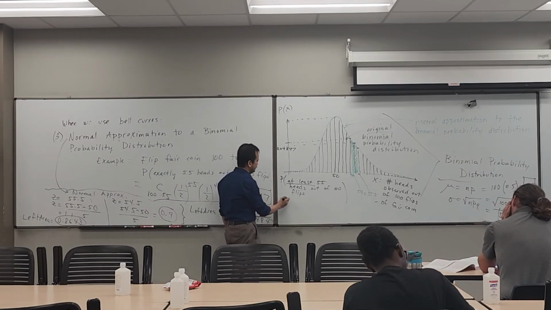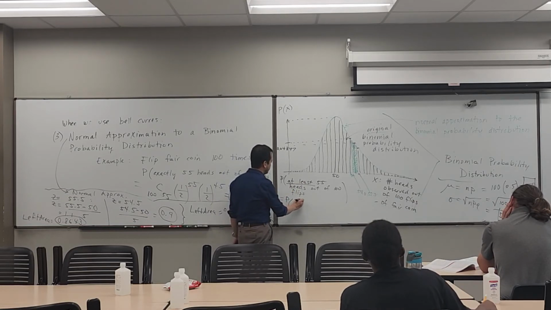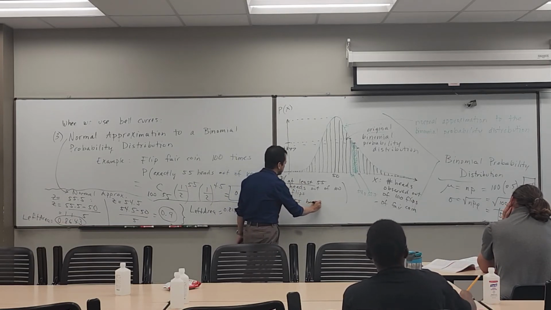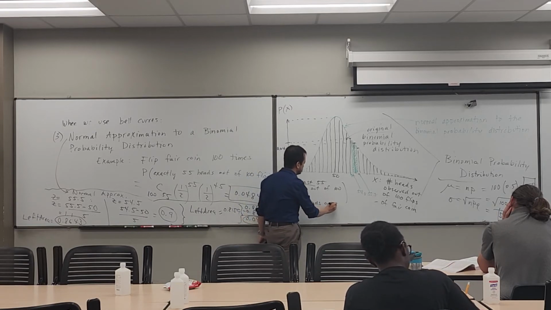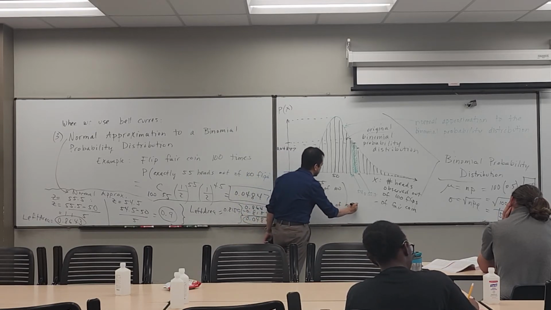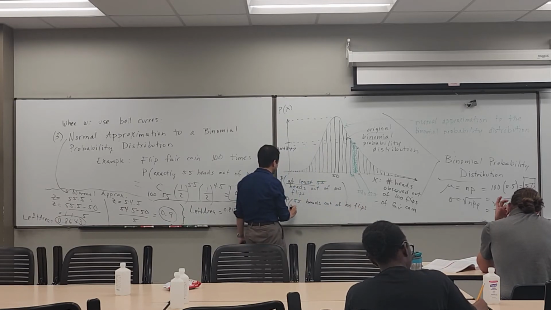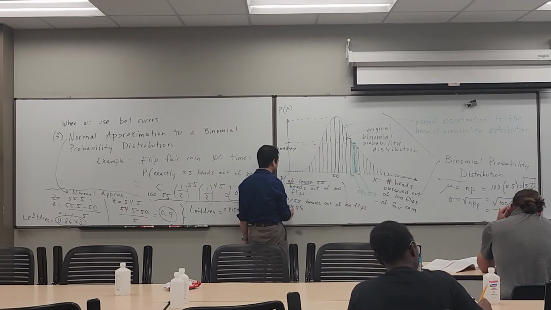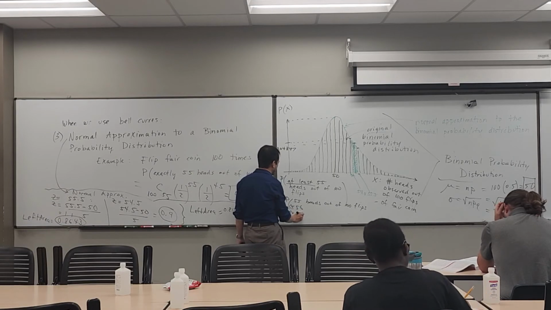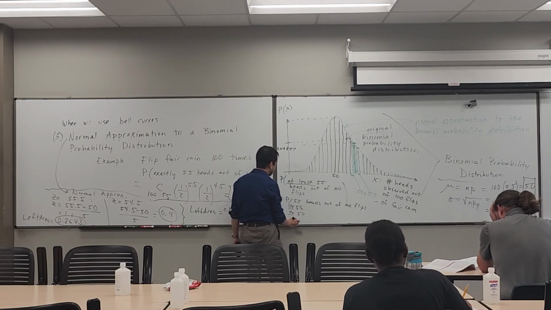So this means that if we want at least 55 heads, then we're going to get either 55 heads out of 100 flips, or 56 heads out of 100 flips, or 57, and so on, all the way up through possibly 100 heads out of 100 flips.